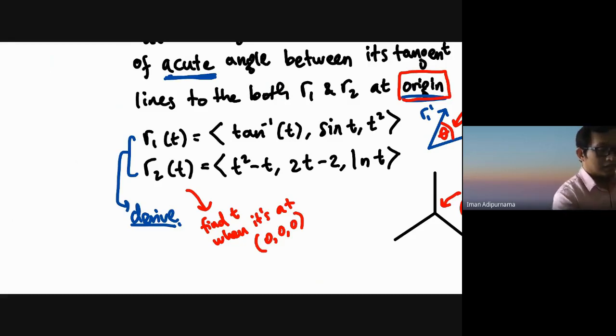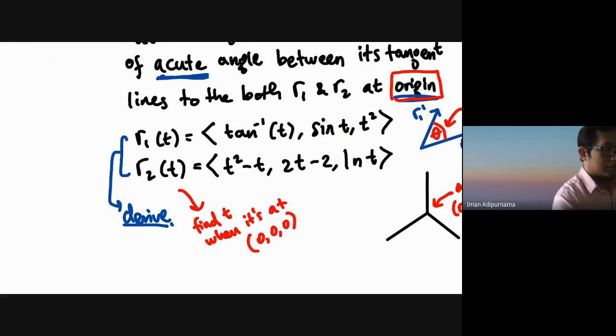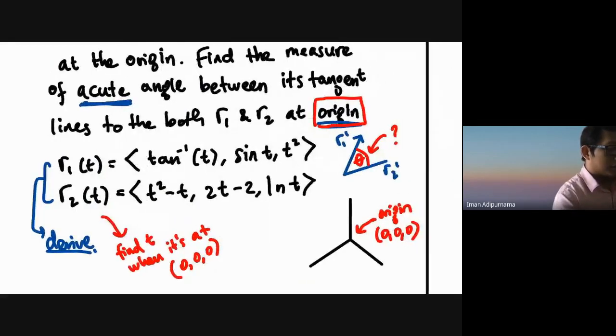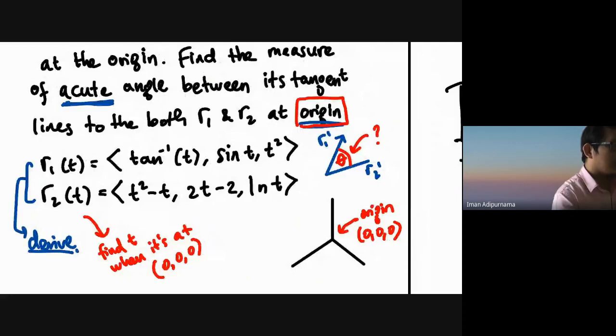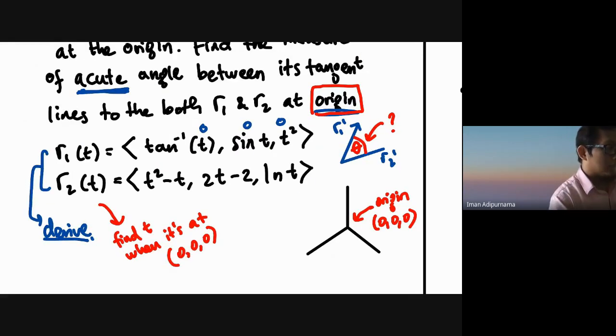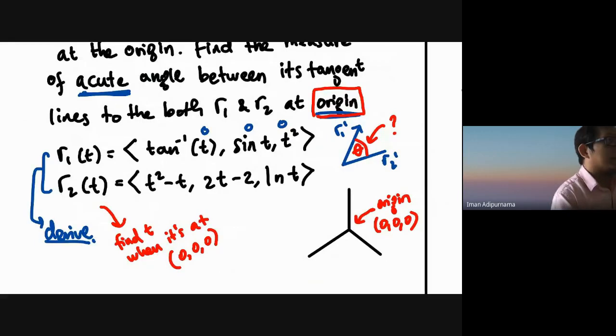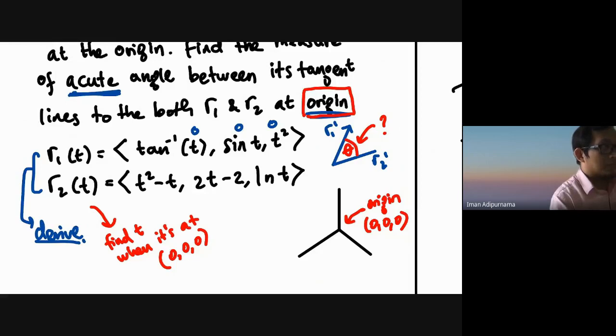Okay, got it? So first, let's see the R1. The first equation here, if you check with t equals 0, I think all will be 0, right? The second one, if you replace with 0, it's not necessarily 0, 0, 0. So we need to replace with other numbers that can be 0.